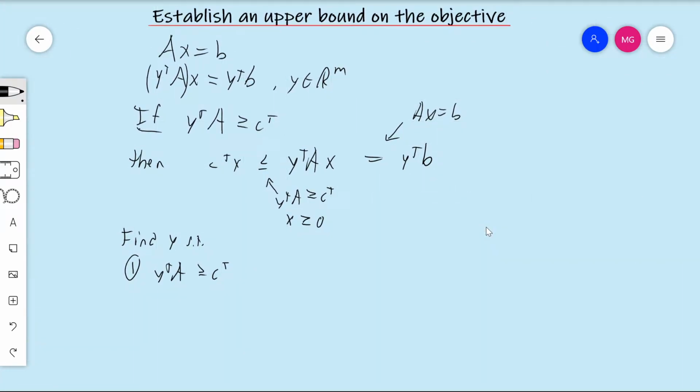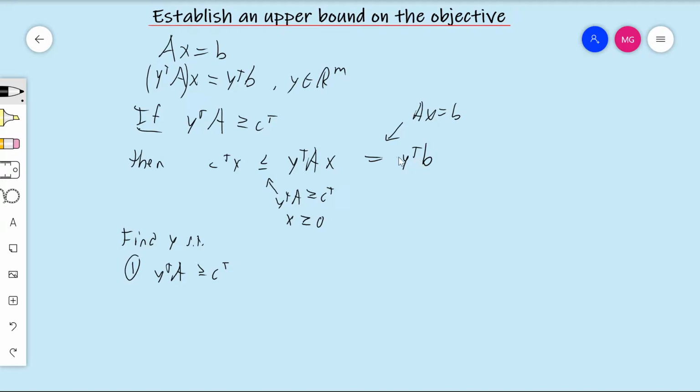But look at all the y's that satisfy this condition. Then we know that for each of those y's, y transpose B is an upper bound. Let's take the smallest of those upper bounds that we can, because that will give us the tightest approximation to what the value of the original optimal solution for the original linear program is.